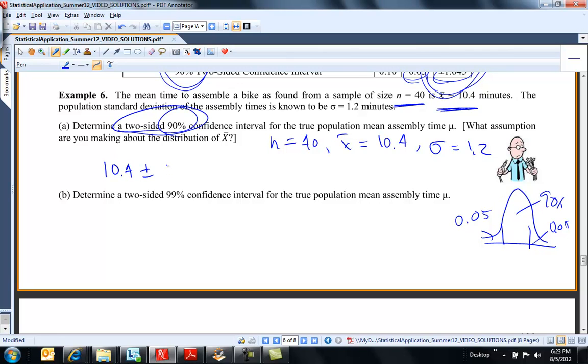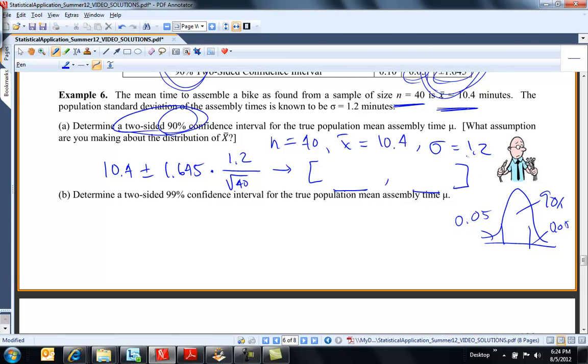So the z-score is 1.645 times 1.2 divided by square root of 40. And I should give you an interval, but I don't have Maple up at the moment, so you would get a lower bound and an upper bound, and then I'd say I'm 90% certain that this contains the true mean time for everyone in the world to put together this bike.